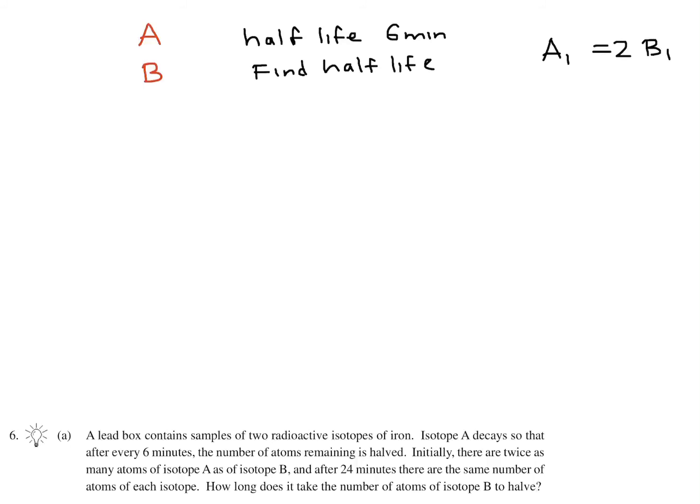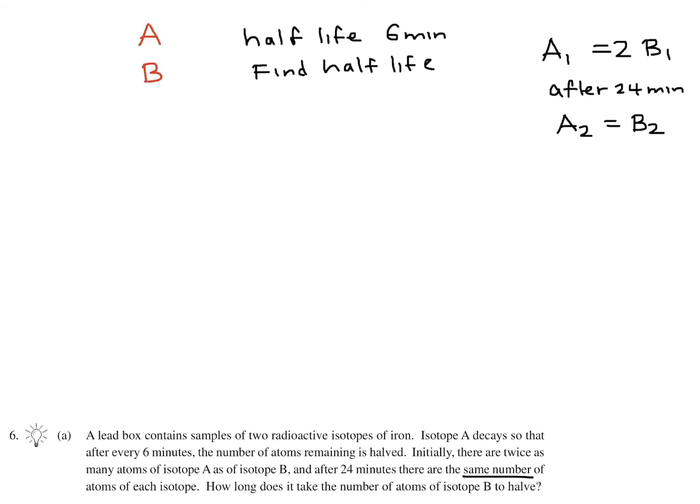And then later they tell you, after 24 minutes have passed, that there are the same number of atoms in both A and B. So that means after 24 minutes, I'll call it A2, A2 is the same as B2. Those are basically the conditions.